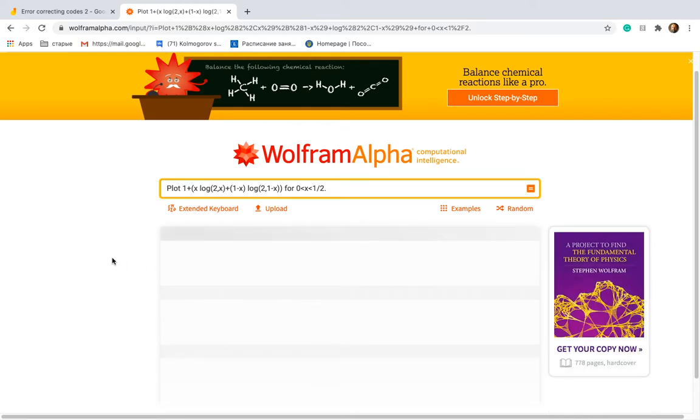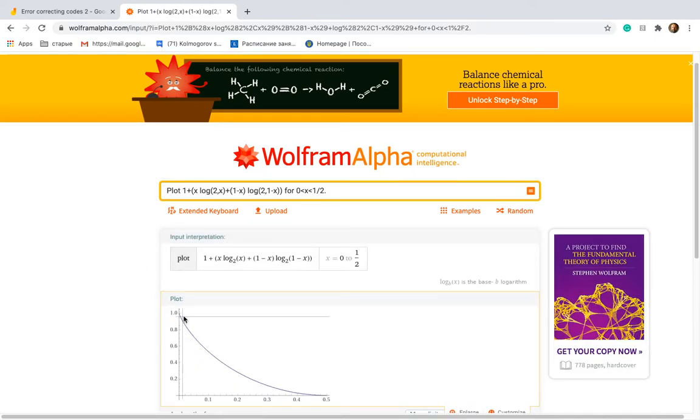We obtain the following graph. So this is the graph of the Gilbert curve. It indicates this area below this blue line, and in this area for all the parameters, the code exists.